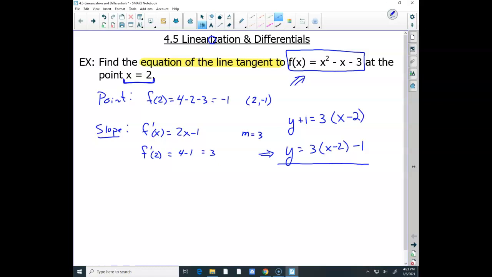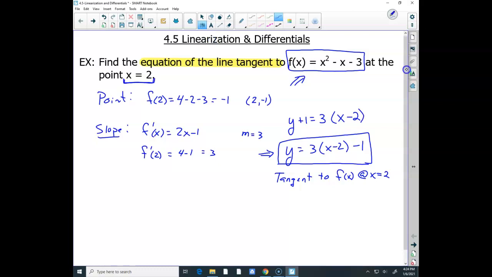And it's a really special thing. So this is the equation of my line, okay? This is the equation of the line tangent to f of x at x equals 2. And what that does is something really special.